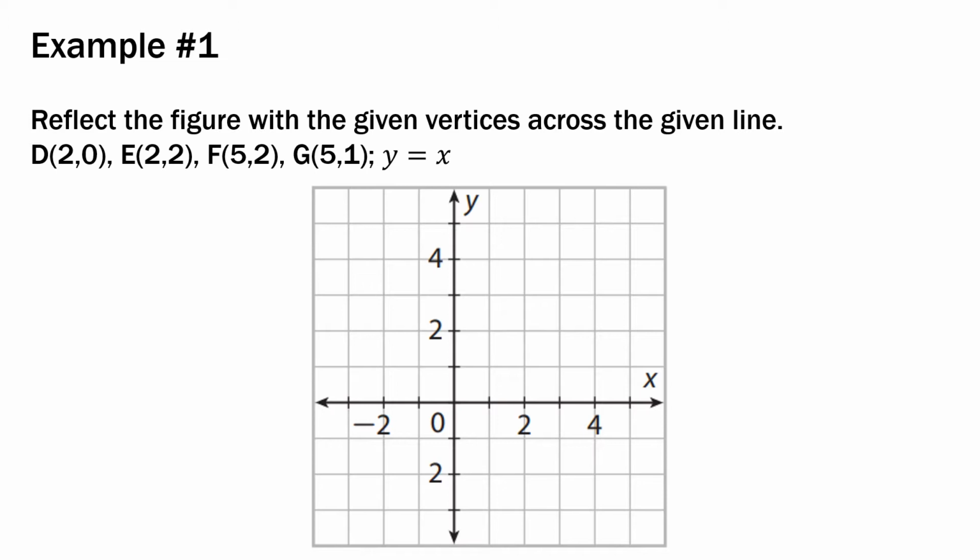So first problem, I'm going to graph my pre-image, and then I'm going to reflect it across the line y equals x. So I've got (2, 0), (2, 2), (5, 2), and (5, 1).